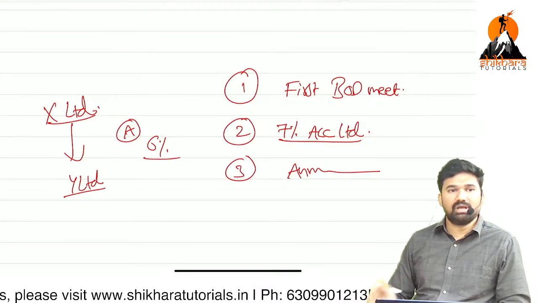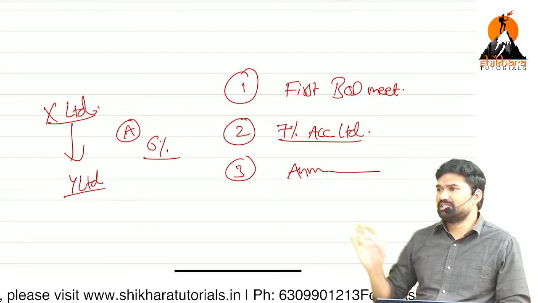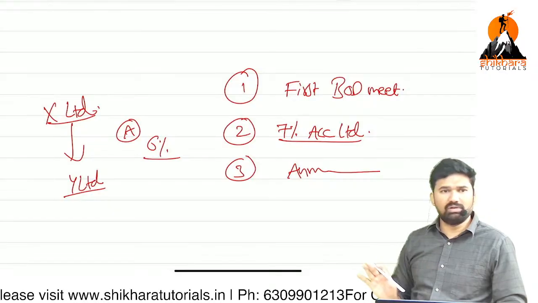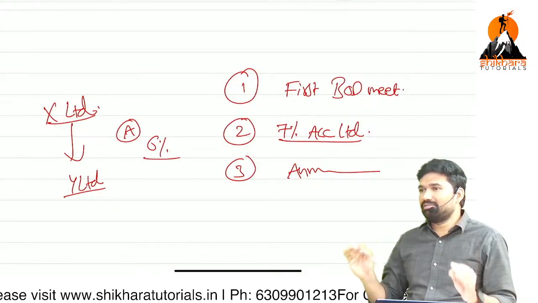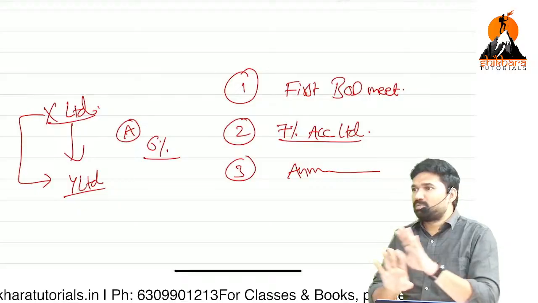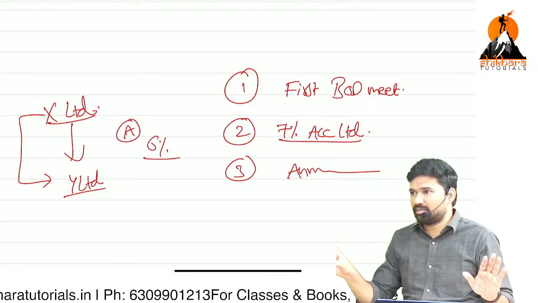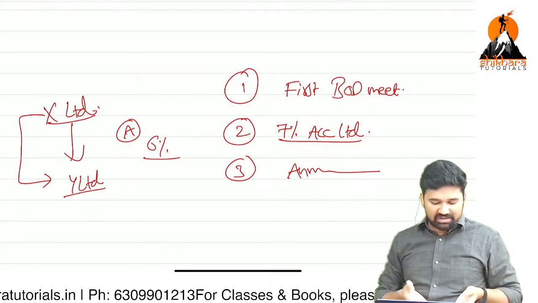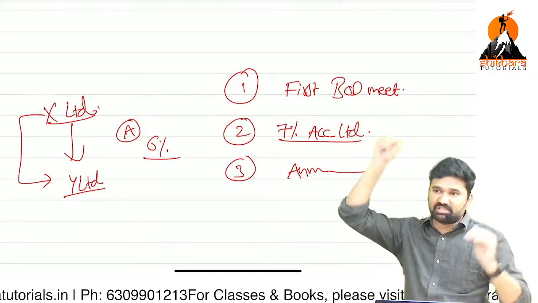There is no disqualification. This is not a crime, to hold shares in another company. Not a crime. No disqualification, nothing. If no one is prohibiting you from holding shares in other companies, you can peacefully hold n number of shares. Not even 6%, you can hold 66% also.